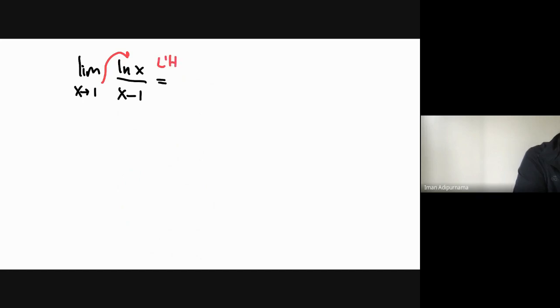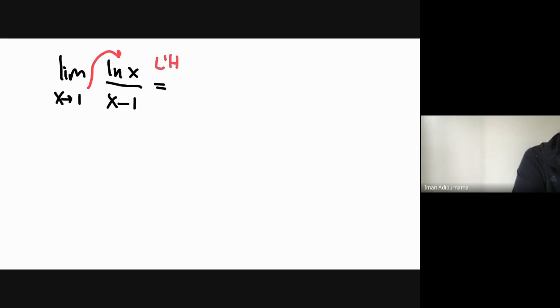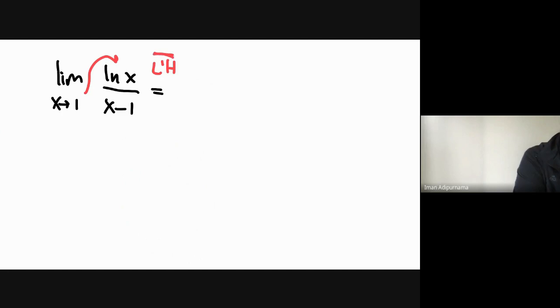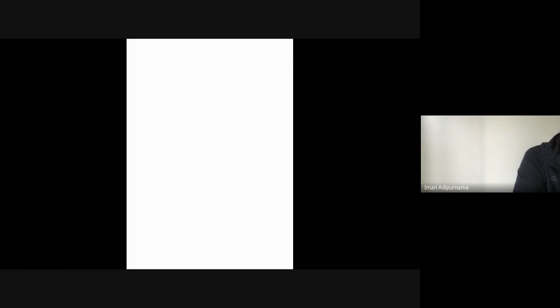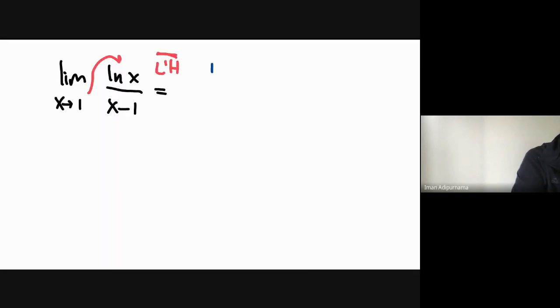Usually you write the letters L, H to make a note that we are doing the L'Hopital process here. Okay, so we can have, wait, sorry, it's 1 over x. This is 1. So this is 1.